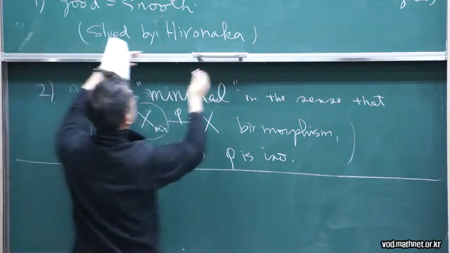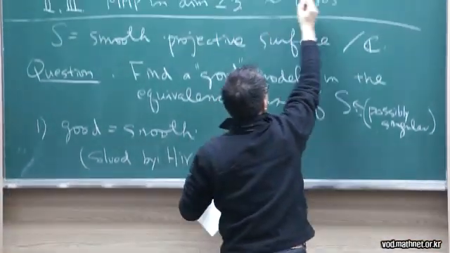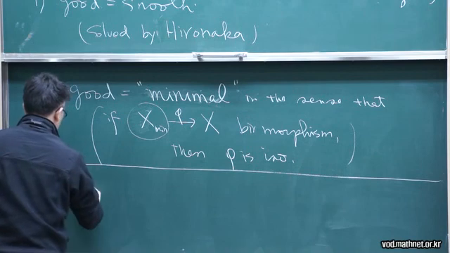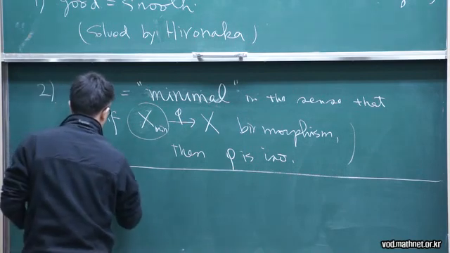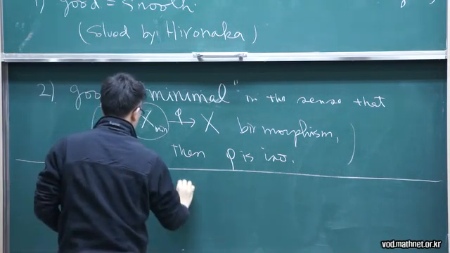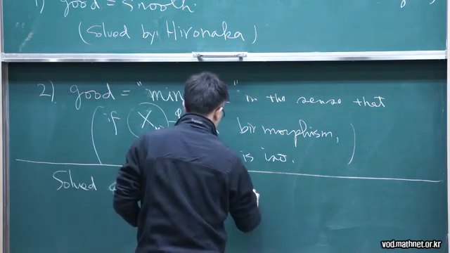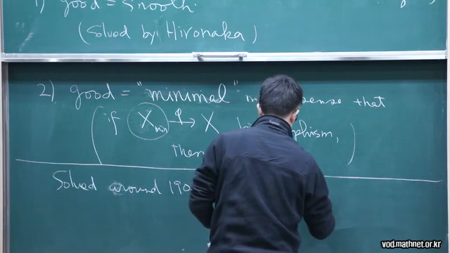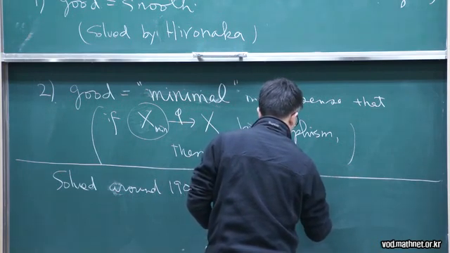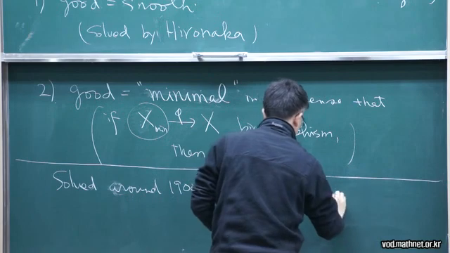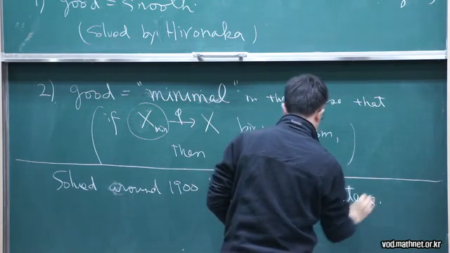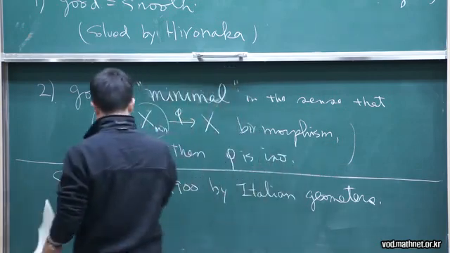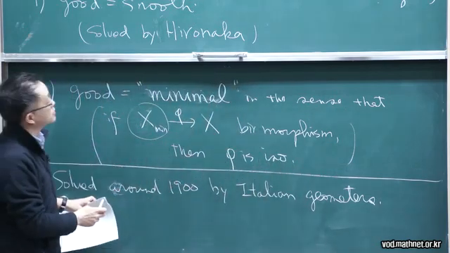And this was solved around 1900 by Italian algebraic geometers. So today I will talk about how they did this in detail.